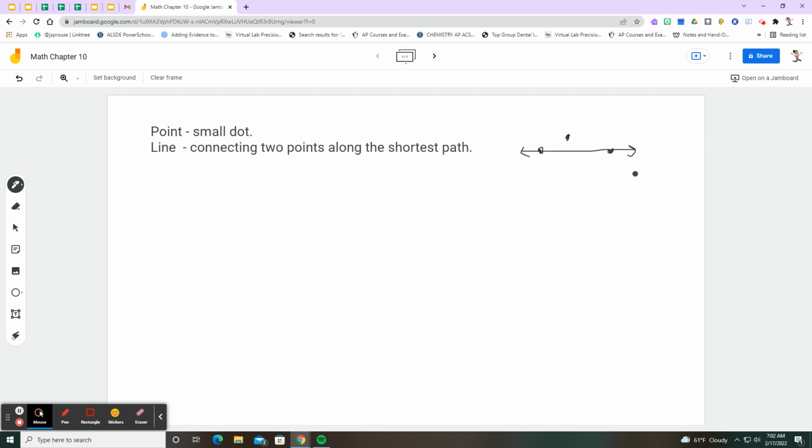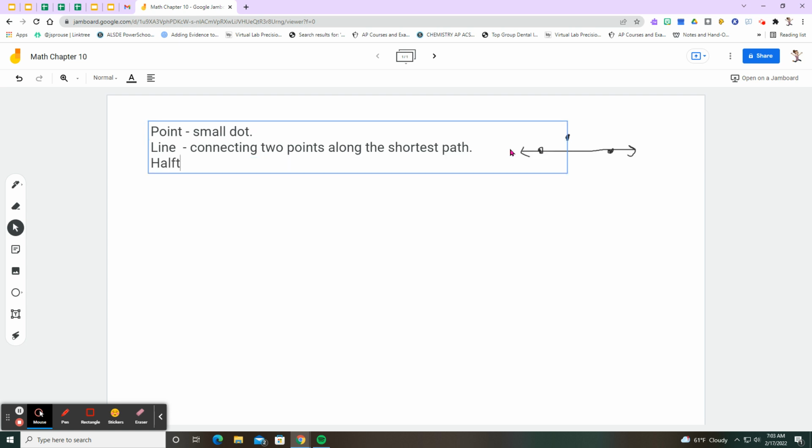Half line is just what it sounds like. Is where you only have 1 point. Half line.